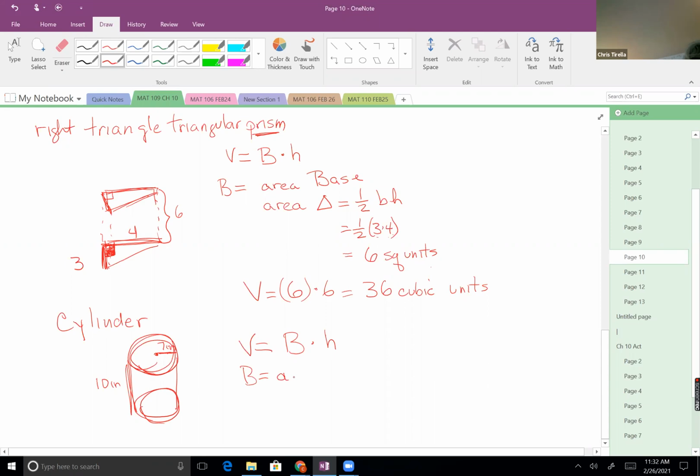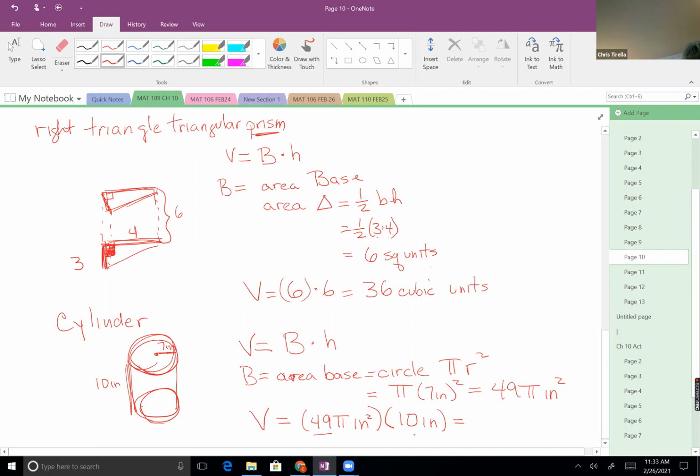The B, uppercase B, is the area of the base, which for a circle is pi r squared. So that would be pi times 7 inches squared would give me 49 pi square inches. And so the volume would be that 49 pi square inches times the height of 10 inches.